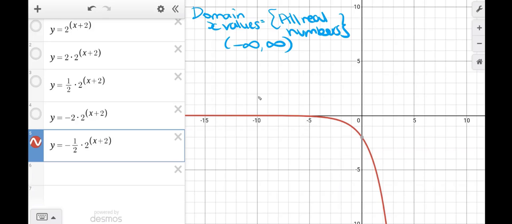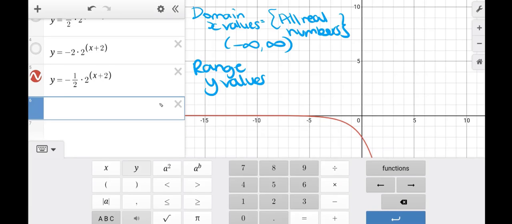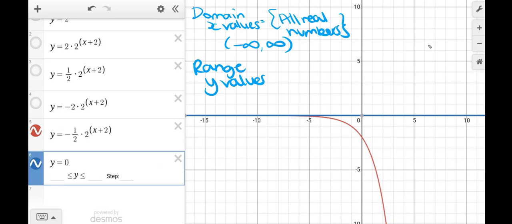And if we look at the range, for the y values, this time we have an asymptote at y is equal to 0. So the values will not reach 0. This time the values of y are going to be anything that's less than 0, because it's negative.